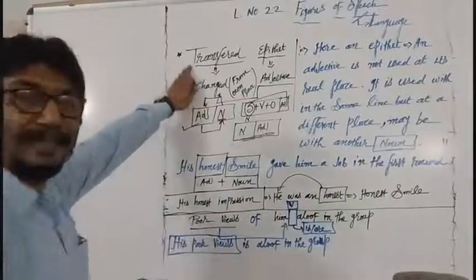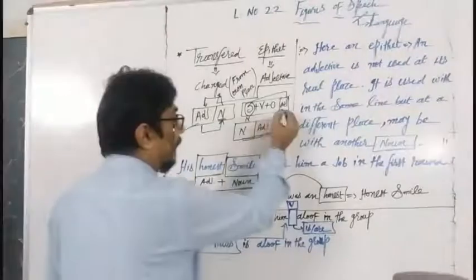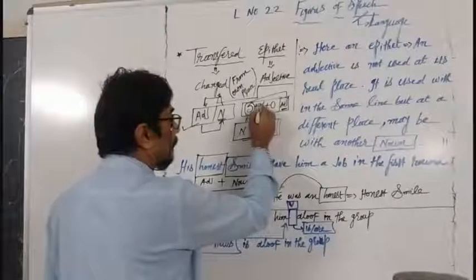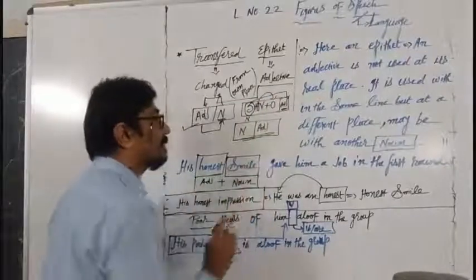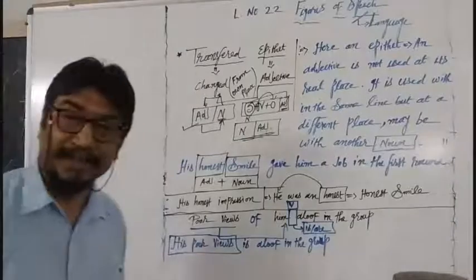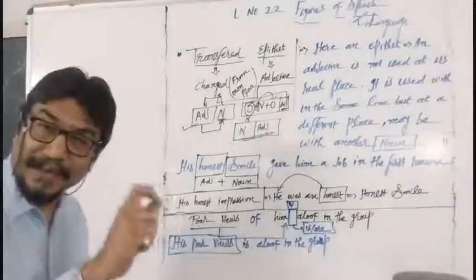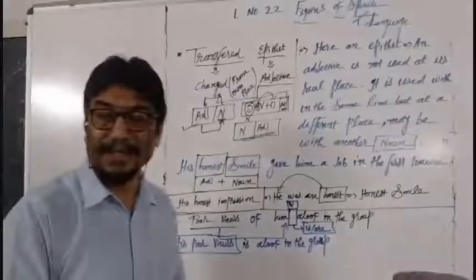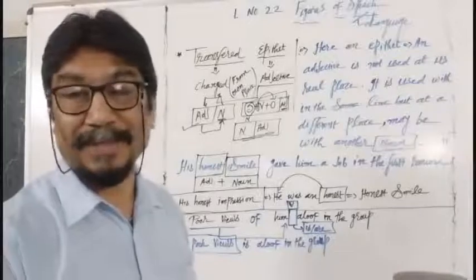This is the example of transferred epithet. You see here, the adjective is used here, and that adjective is for the object. That is the example of transferred epithet. Where it is used, that you will judge, that you will pluck, and that is the identity of transferred epithet.